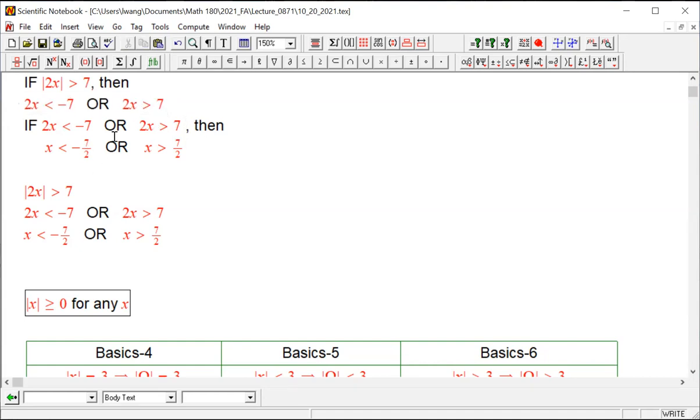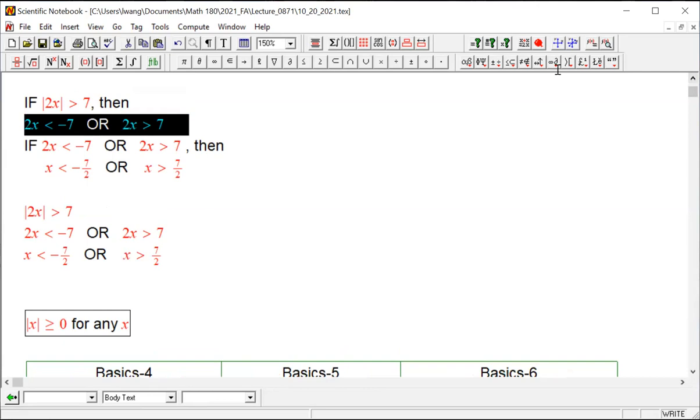So when I grade your work, I will be judging if this is true, would that be true? I'll be asking this question: if then, is that correct? If that's correct, you get the points for that step.